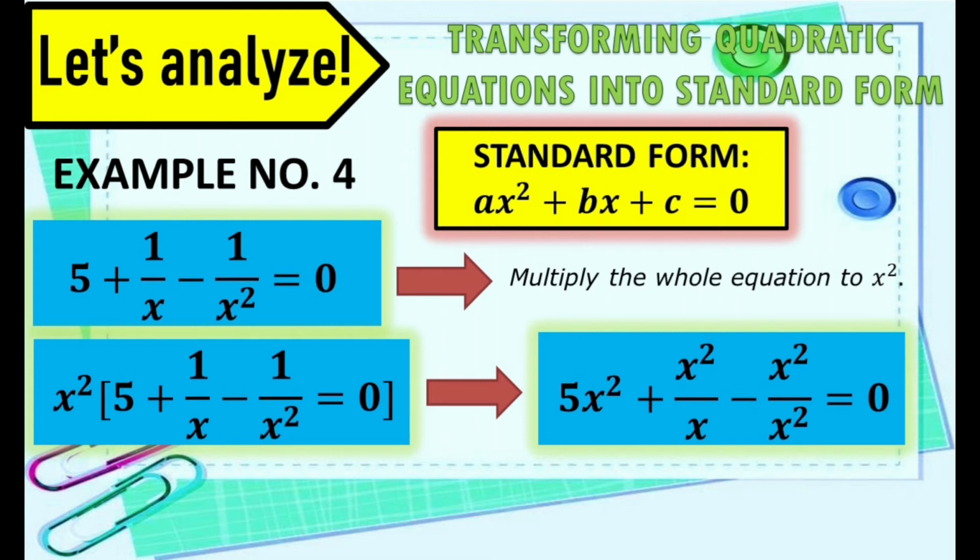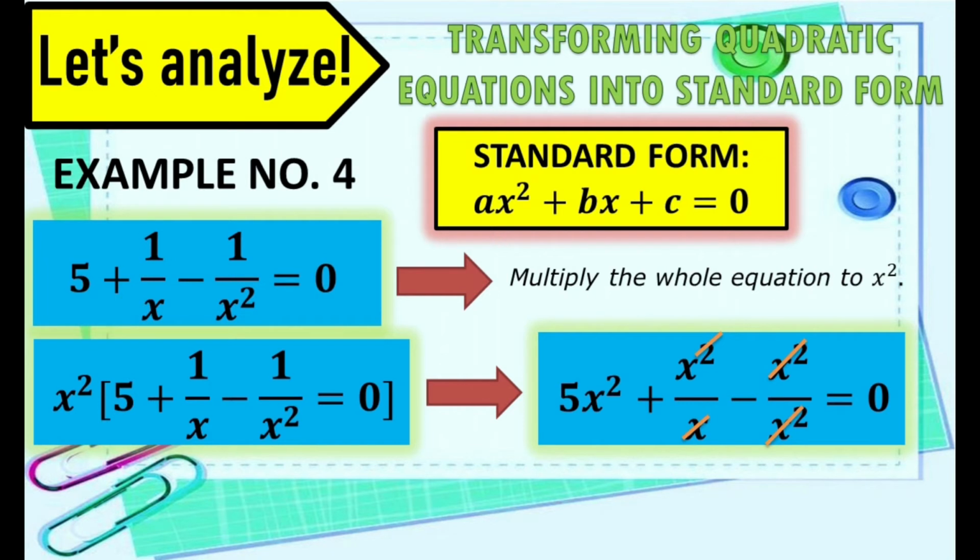As you could see, we have here terms that are cancelable for that matter. So x squared divided by x would be simply x. Next, we have x squared and x squared. So x squared divided by x squared would be 1.